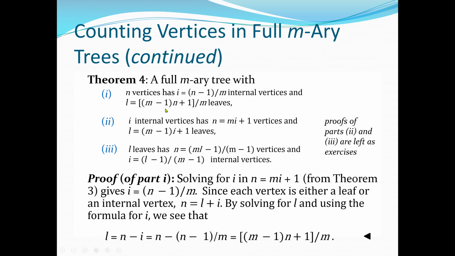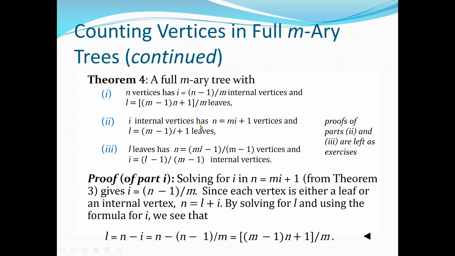So this means if I have a full m-ary tree with n vertices, it will have i equal to (n minus 1) divided by m internal vertices. And the number of leaves, L, will give me ((m minus 1) times n plus 1) divided by m leaves.